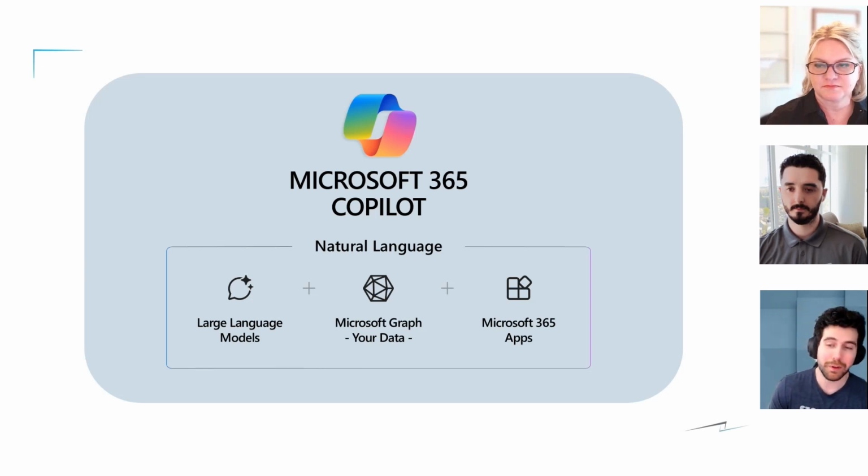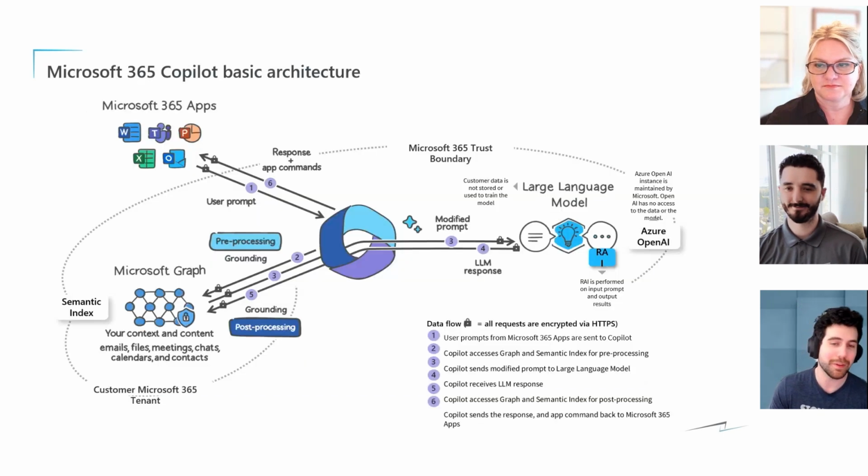Now bear with me for a moment because we're going to get a little technical, and this next slide is a bit of a behemoth. But what we have here is a graphical representation of how your information and your prompts are handled by Copilot when you type something into the tool.